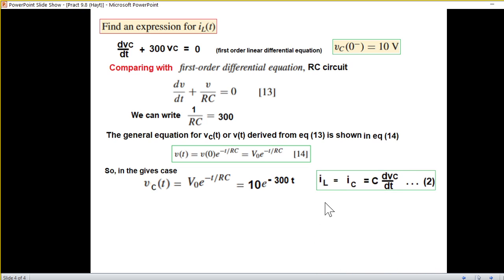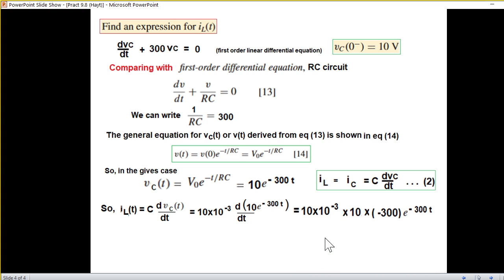And now we need to find iL(t). Just use this formula. So iL(t) is C dvC/dt, and C is this value, and then the derivative of vC. And solving, I hope you can find all this value. The 10 comes out and minus 300 comes out.